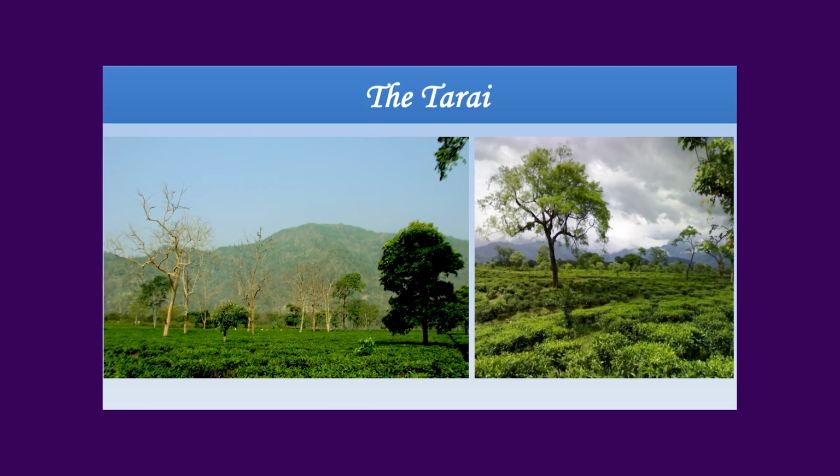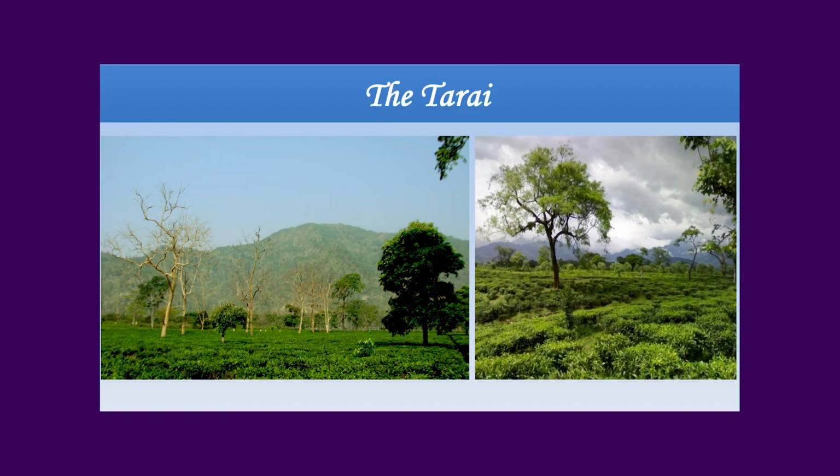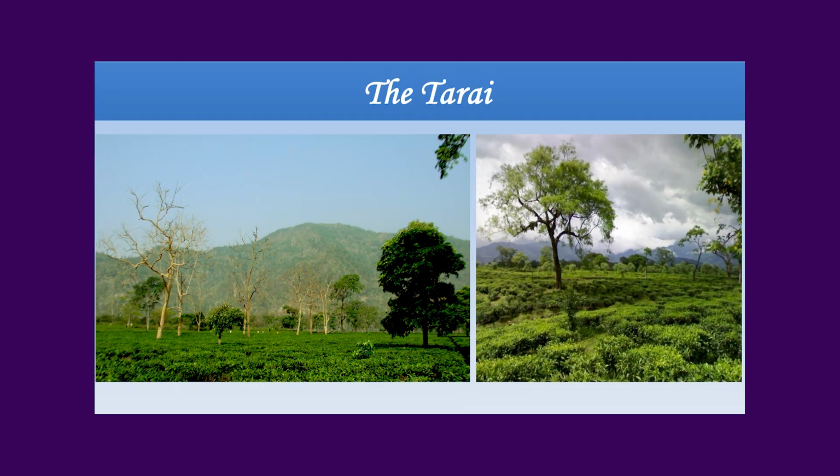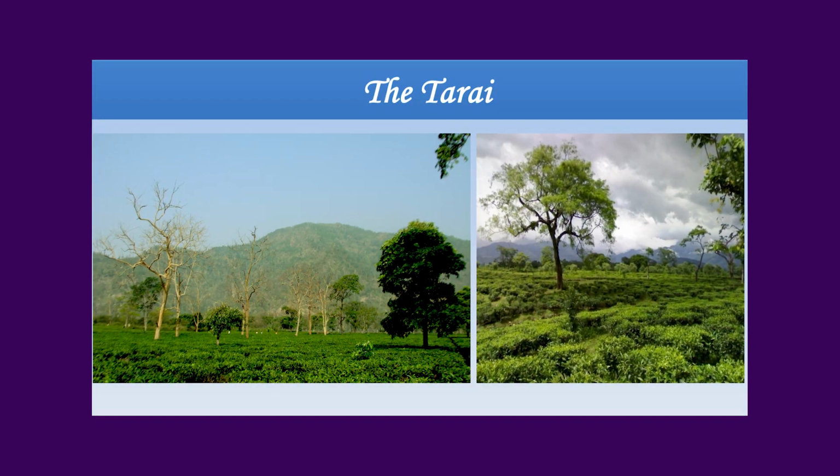These re-emerged waters transform large areas along the rivers into badly drained marshy lands. Once covered with dense forest, most of the Terai land has been reclaimed and turned into agricultural land over a period of time.